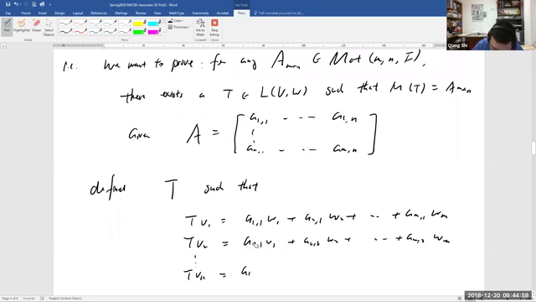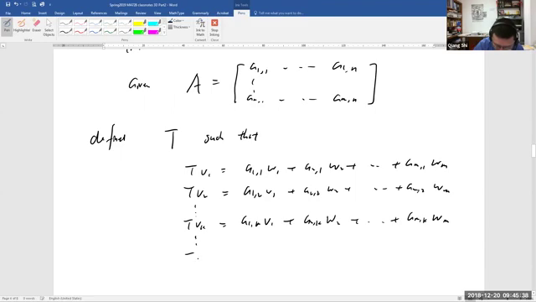So generally speaking, we have T of any V sub k, in the k-th column, this will be A1k times W1, A2k times W2, and then Amk times Wm, for any k.